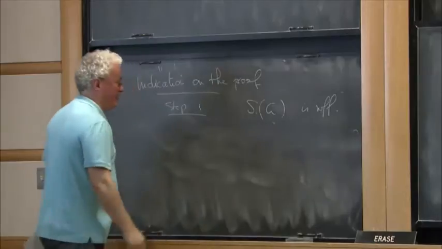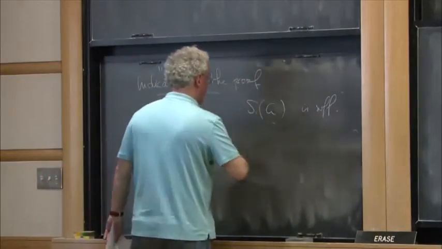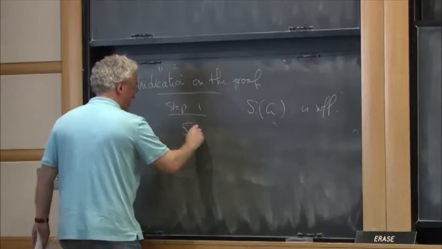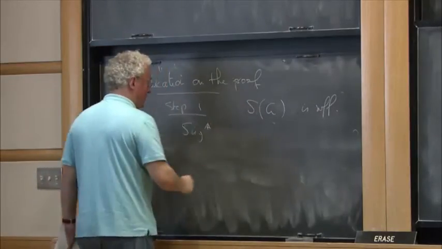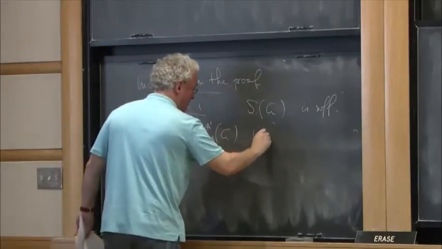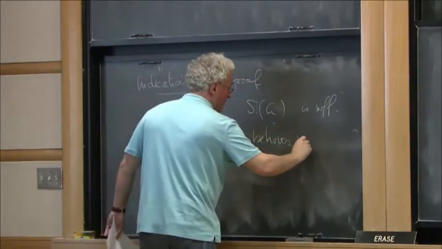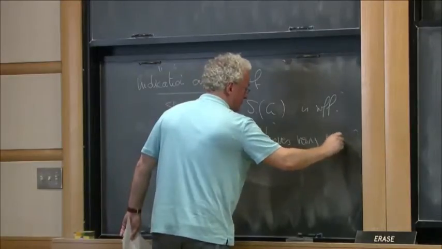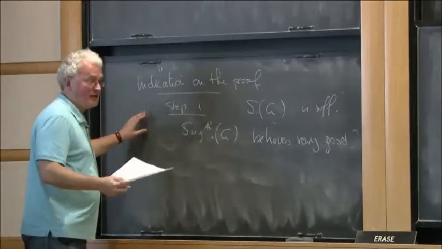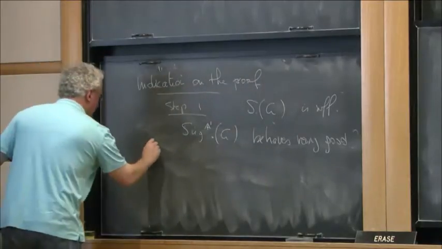But then it is sufficient to settle this object here. So it's not only this one, it is really this one, which behaves extremely good. So still, you have to prove something. Now, step 2.